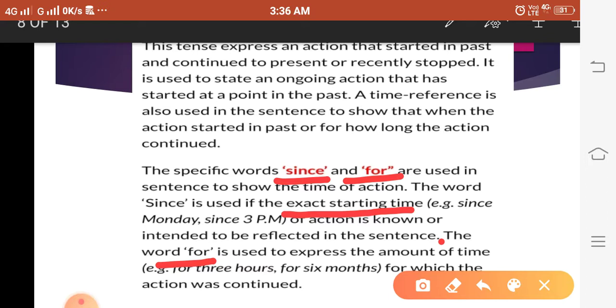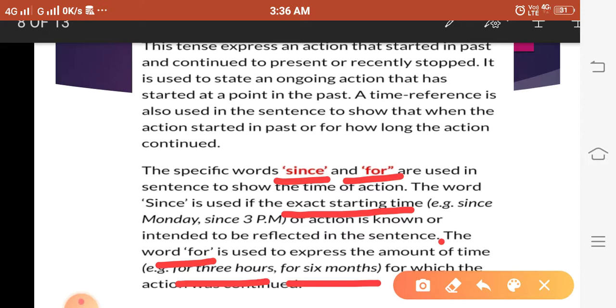For example, for 3 hours or for 6 months. Clear? So before doing present perfect continuous tense, it is a compulsion that we know the use of since and for.